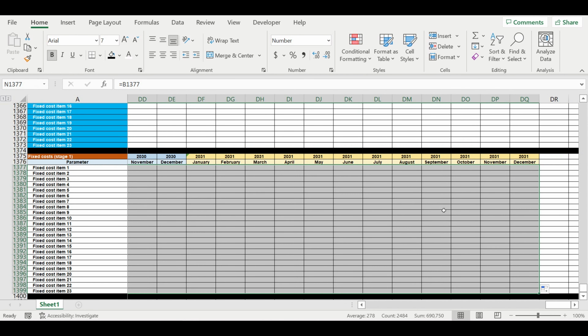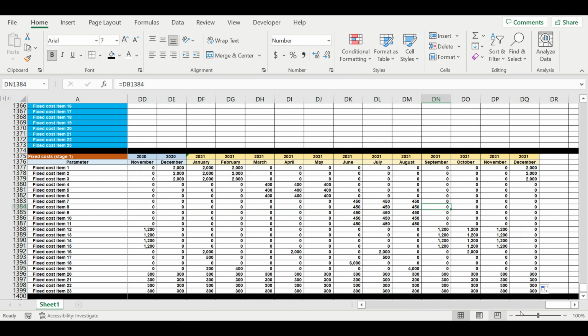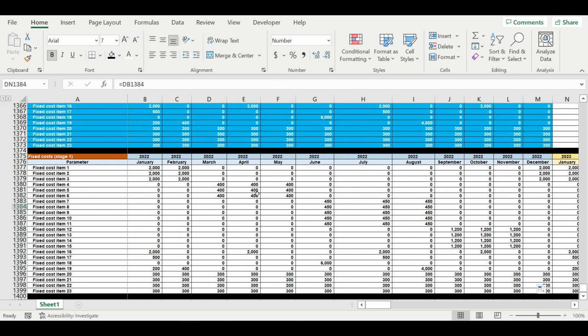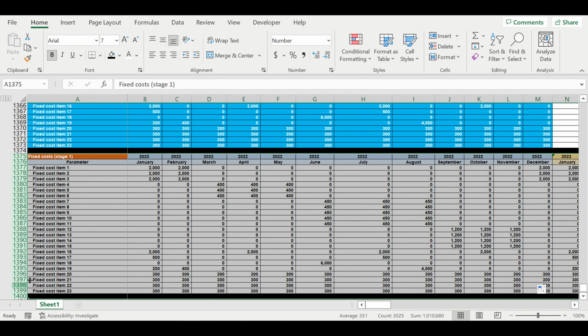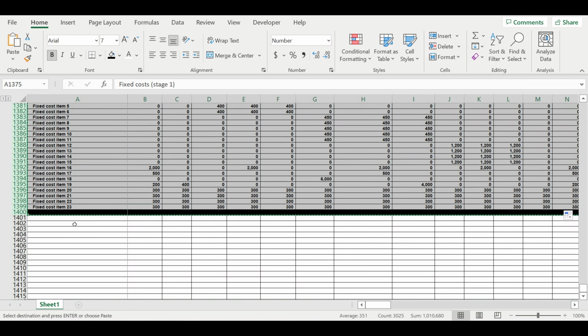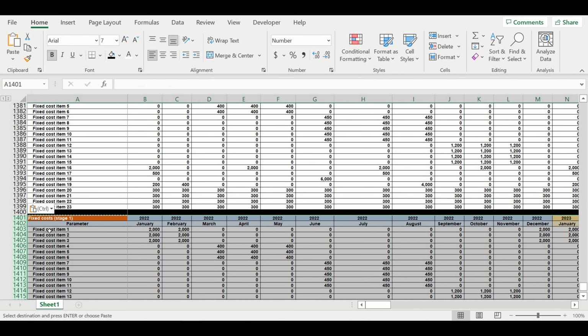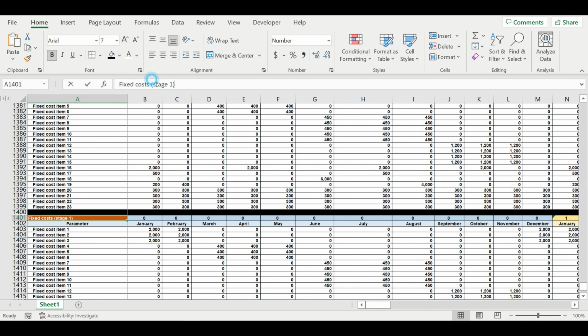And our next action will be to start the values of fixed costs from the moment when we start the operating activity. Stage 2 for fixed costs, per month.